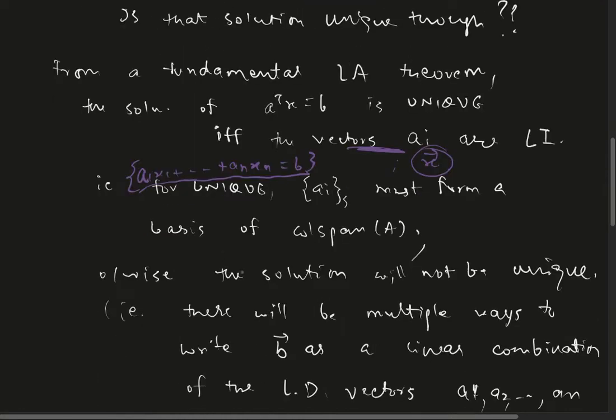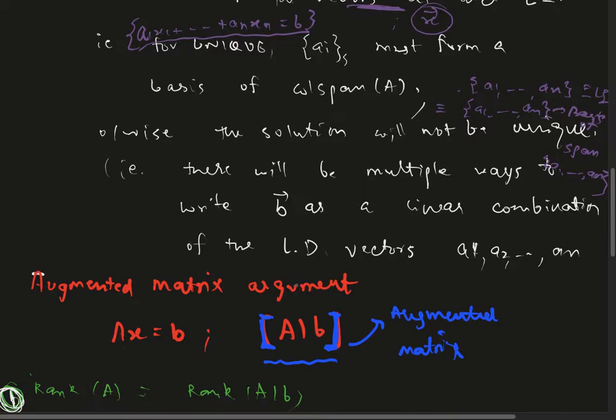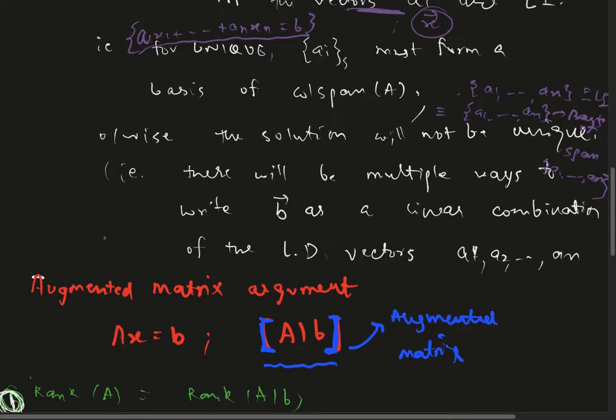Assuming we know this fact, the set of vectors a1 to an must be linearly independent. That is equivalent to saying that a1 to an must form a basis of the column span of A. So in conclusion, if a1 to an are linearly independent vectors, then the solution would be unique.